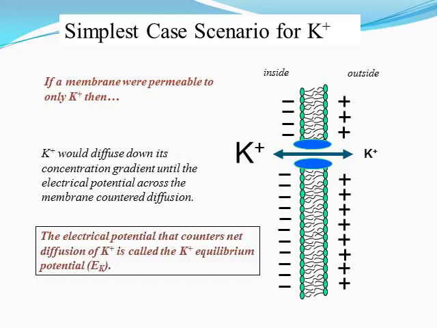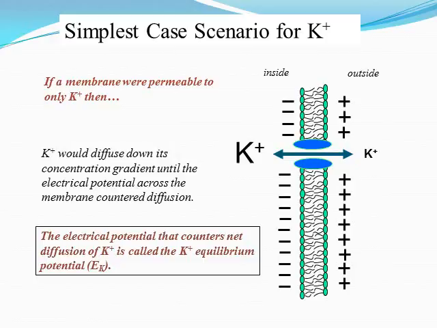So if we're only looking at potassium, and of course this isn't going to happen in nature, you're not going to have a cell that is solely allowing potassium or any other ion to be contributing to its chemical and electrical properties. But this should give you an idea to help you understand what we're talking about when we're talking about these electrical changes that occur, and specifically Nernst potential.